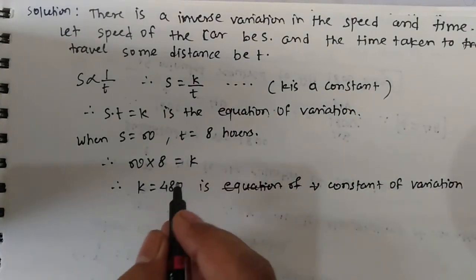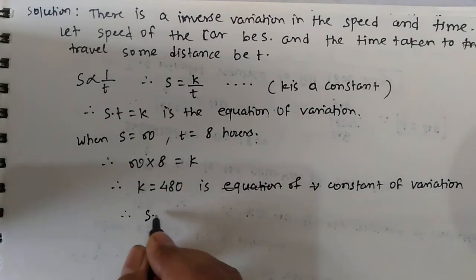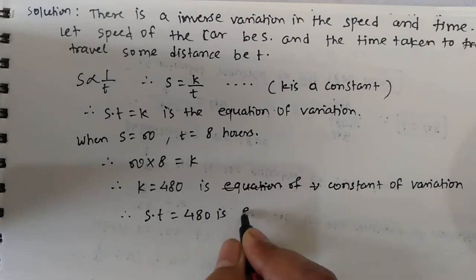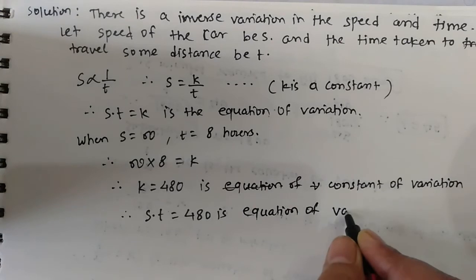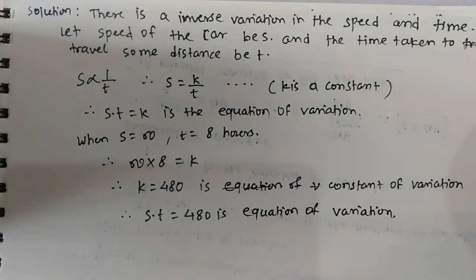And put this value of k in the above equation. s into t is equal to 480 is the equation of variation. So by using this equation, we calculate the speed when the time is 7.5 hours.